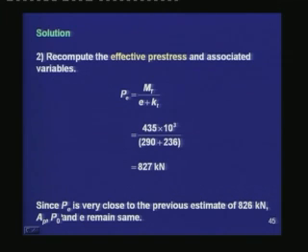Since the effective prestress in the final design is very close to the previous estimate of 826 kilonewtons, Ap, P0 and e remain the same. That means the effective prestress that we are calculating at the final design is very close to the effective prestress that we had calculated from our preliminary design, and hence we did not have to recalculate the other prestressing variables, which are Ap, P0 and e.